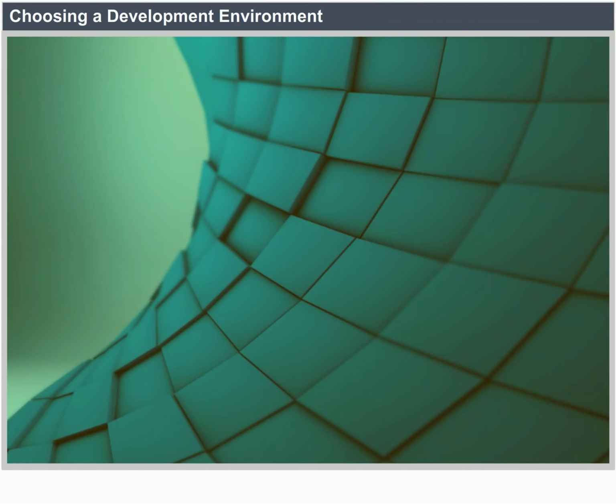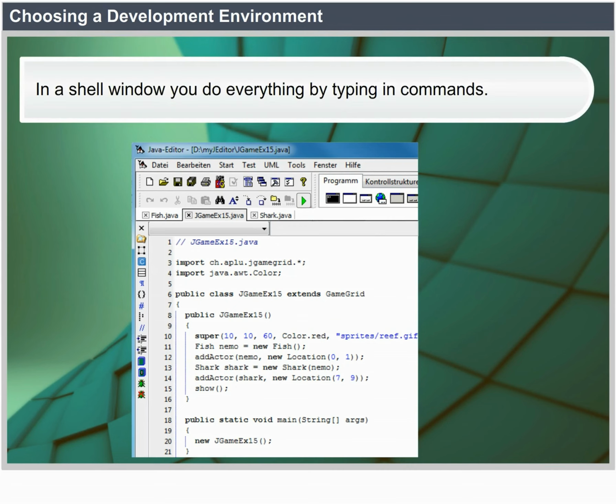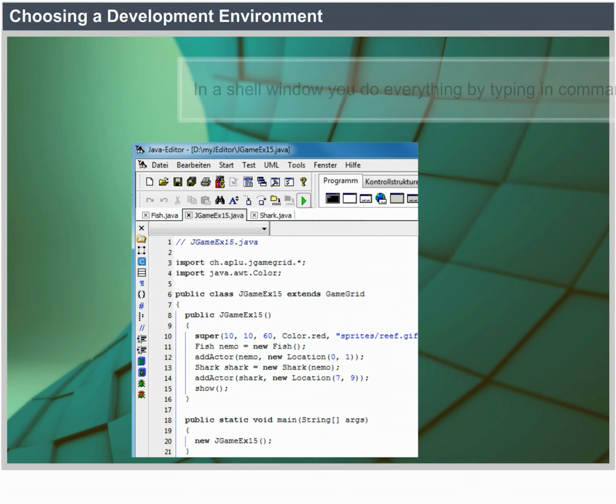Choosing a development environment. The basic JDK contains nothing similar to a development environment with a built-in text editor and menus to compile and launch a program, along with an integrated debugger. In a shell window, you do everything by typing in commands.